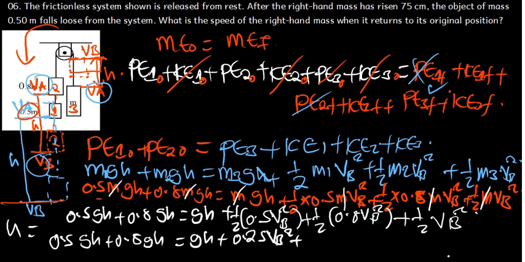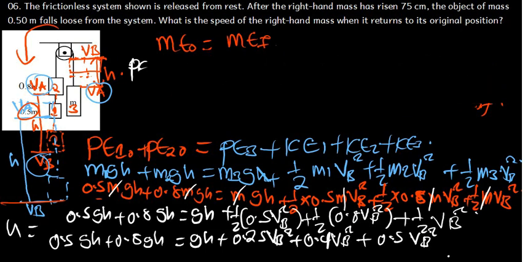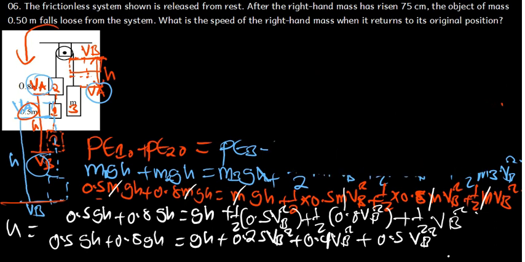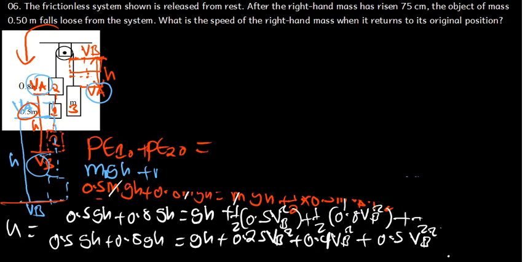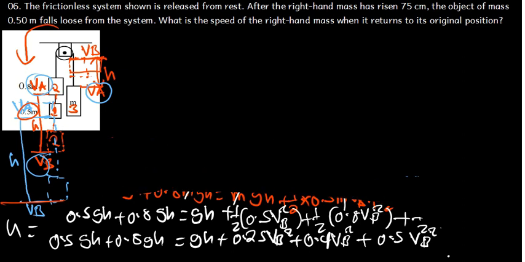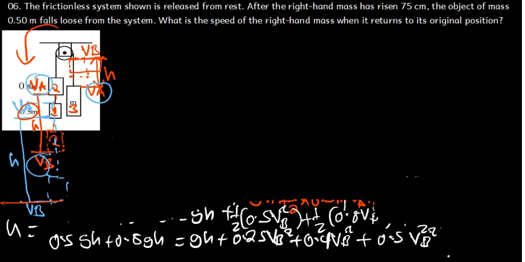Plus 0.5, which is 1 over 2, times 0.8, giving me 0.4 vb squared. Plus just 0.5 vb squared, because 1 over 2 is 0.5. Now we can get rid of everything here to create space. Our goal is to find the velocity at b, which is going to be our initial velocity when we start going in the opposite direction.